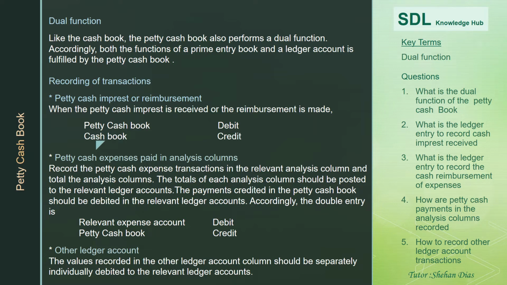Then petty cash expenses paid in analysis columns are recorded in the relevant analysis columns and totaled, and these totals are then posted to the relevant ledger accounts. So this will be as follows: the relevant expense account will be debited because expenses increase, and the petty cash account will be credited.